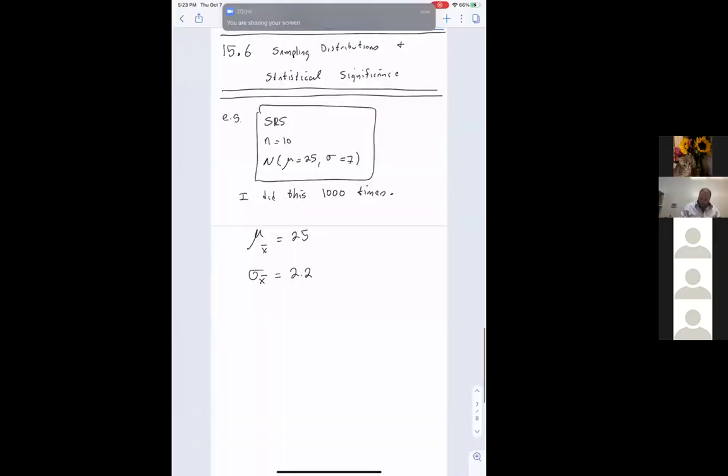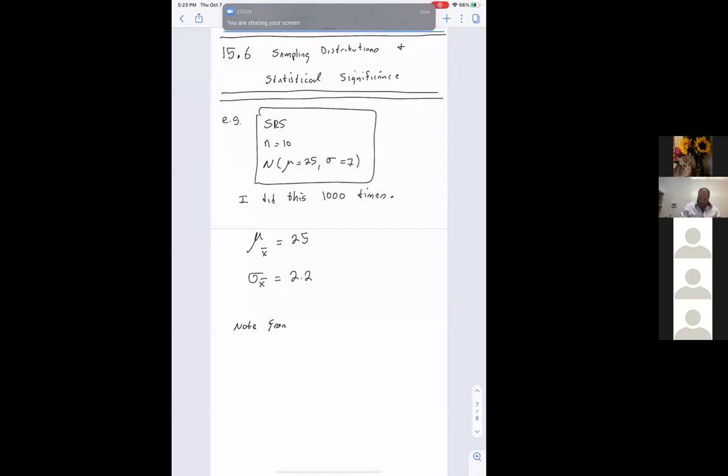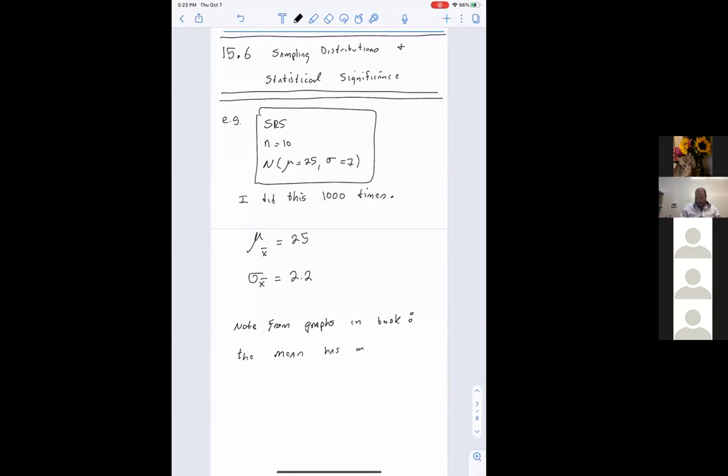Okay, so note from graphs in the book, the mean has a normal distribution when n is large, but sigma and sigma squared do not necessarily have the same property.